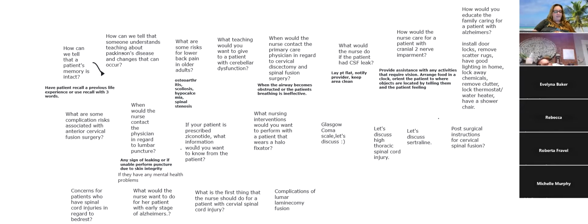So we have a spinal cord injury at T5. Blood pressure's up. What do we want to do? So the patient has blurred vision and a flushed face. What's the first thing we want to check?